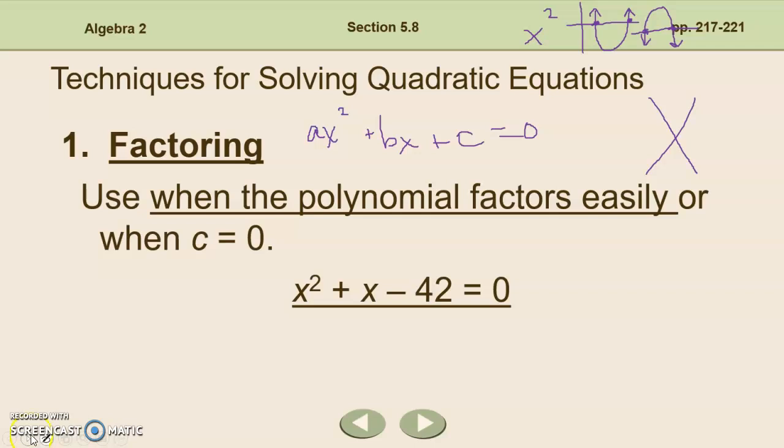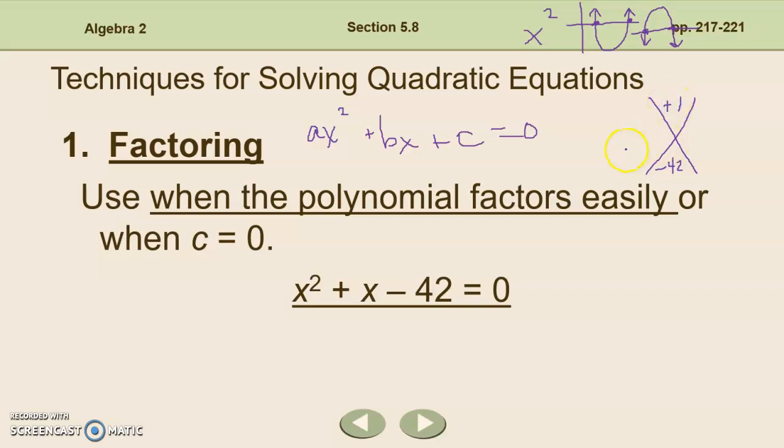So take a look at this: x squared plus x minus 42. Now our c is not 0. C is actually negative 42. But if we try to see if it's easily factorable, we're looking for two numbers that when multiplied equal negative 42, but when added equal 1, that's in front of the x, a positive 1.